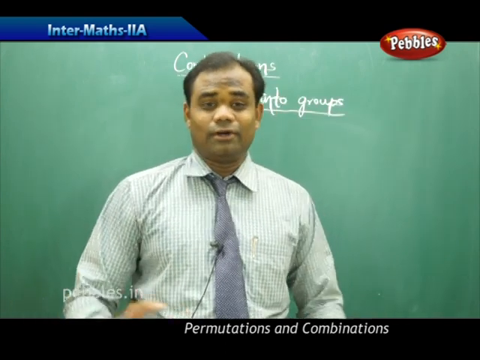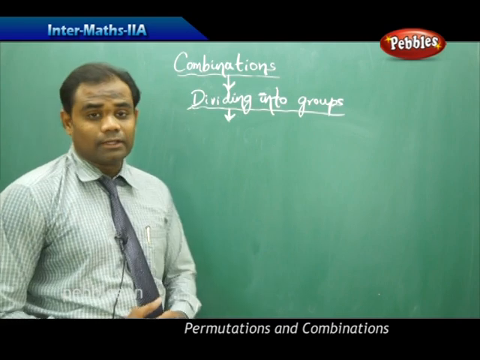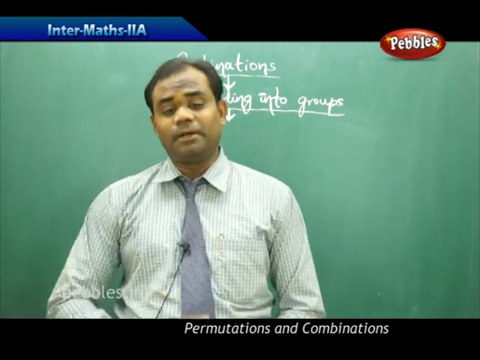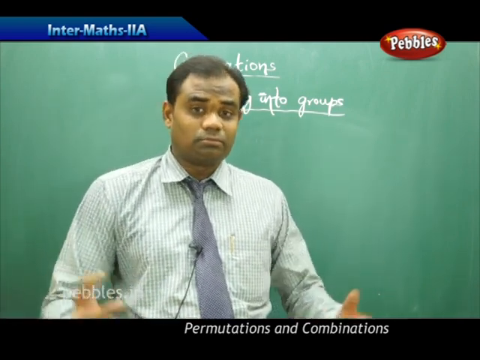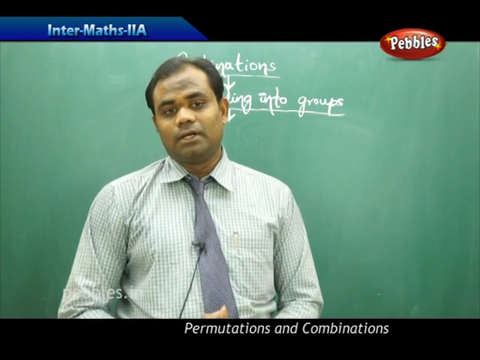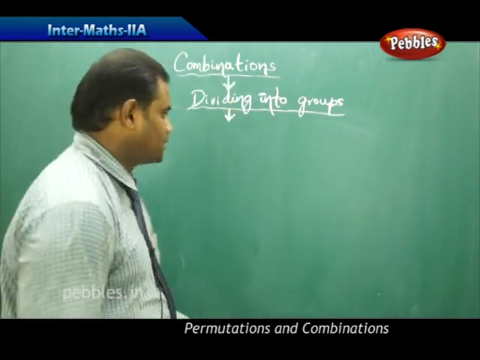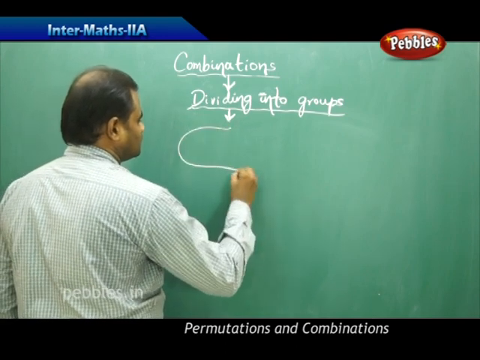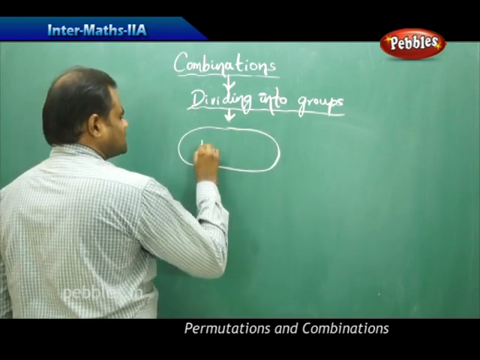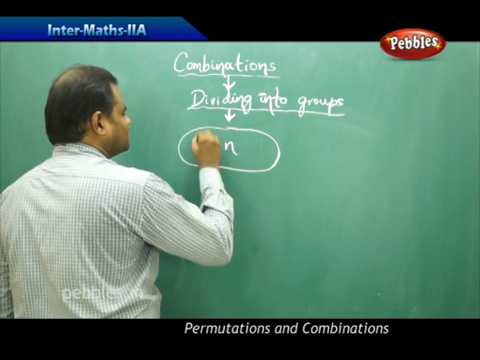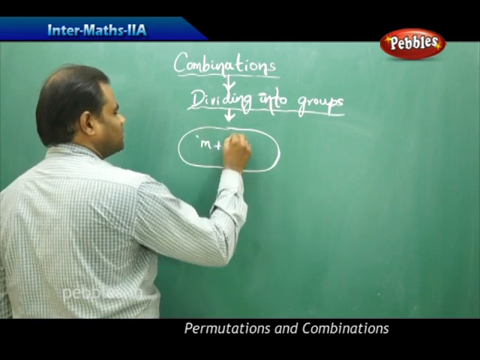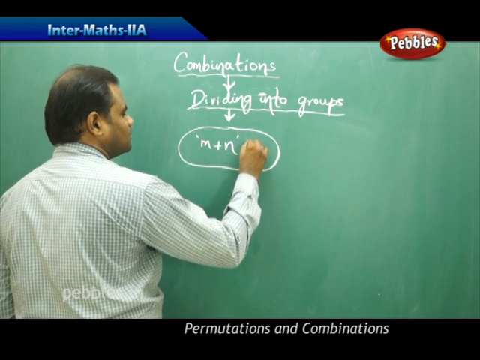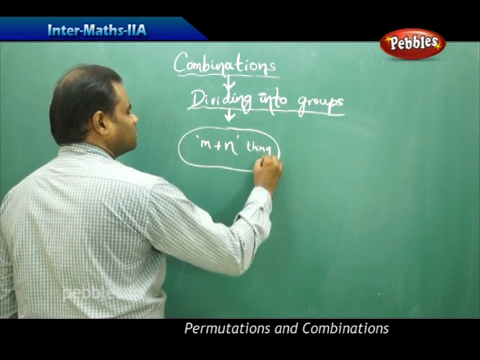Now, combination also helps us in dividing into groups and finding the number of ways in which we can form the different groups. To be more clear, let me take an example of, say, I have a group which has m plus n things out here. There are m plus n people or things inside the group.